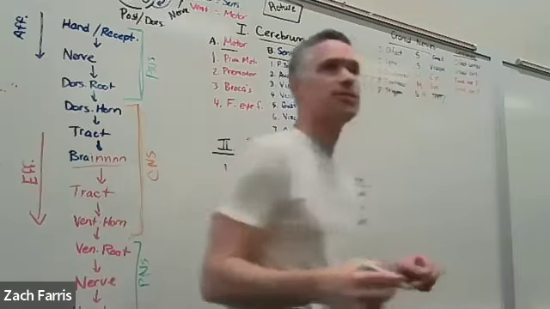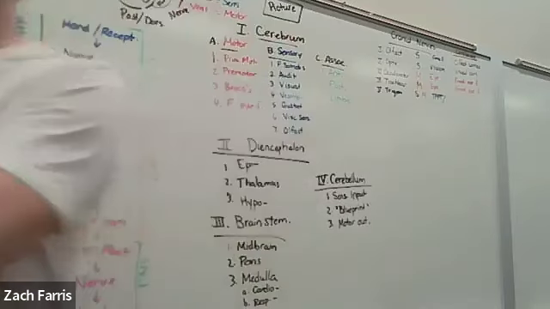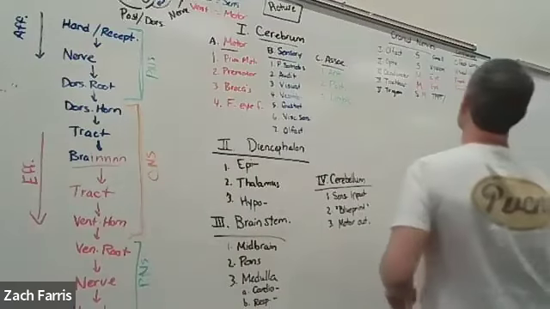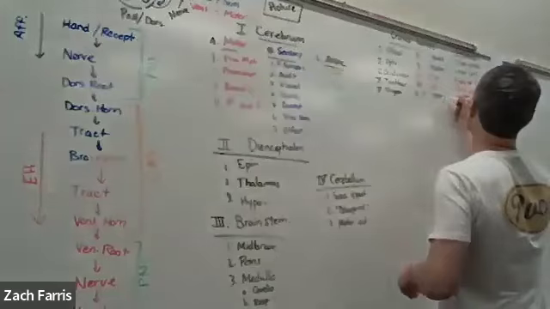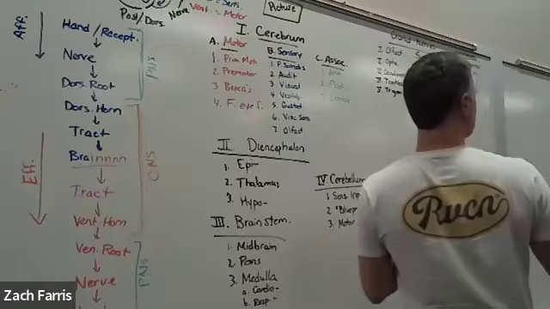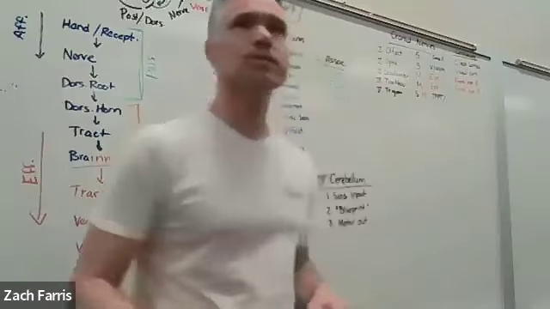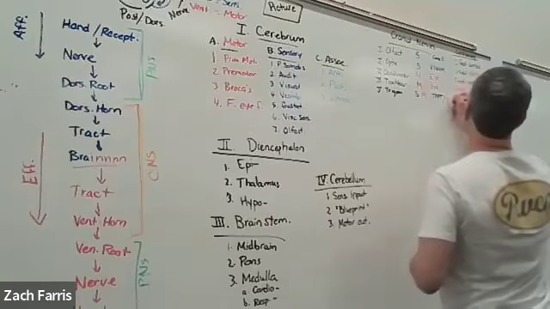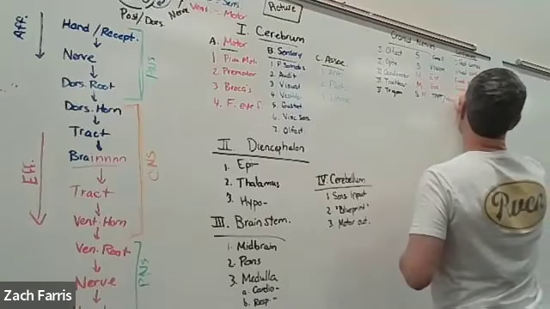TPPT. What's TPPT stand for? Touch, pain, pressure, temperature, right? Then what's its motor? What do we have listed on the table? Yeah, moving different parts of the face. I'm going to put mandibular.